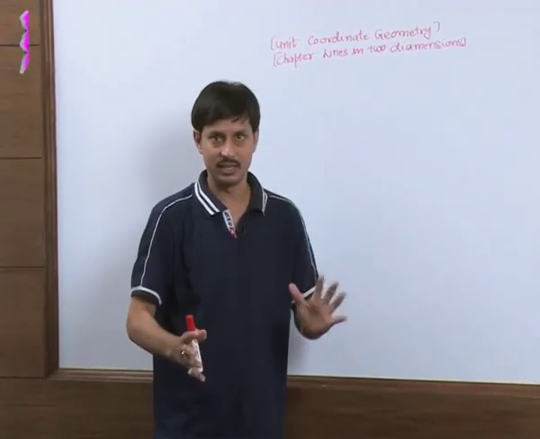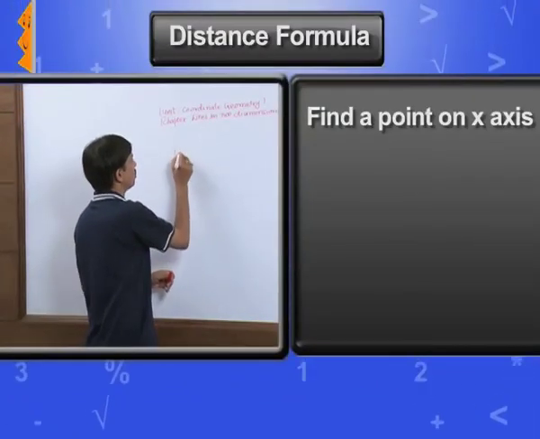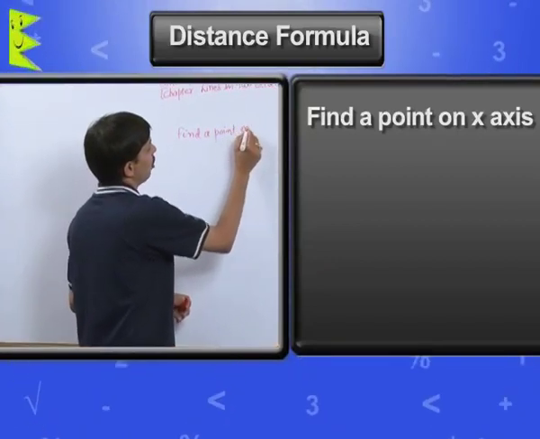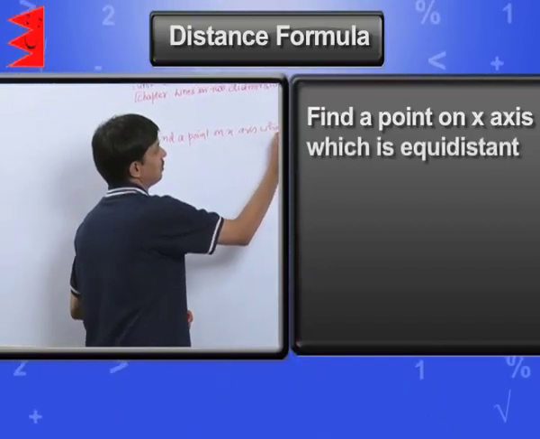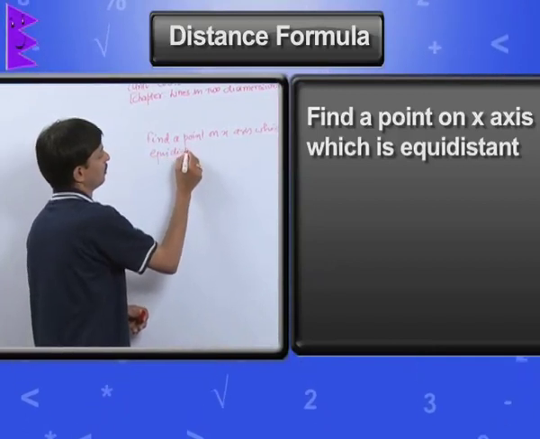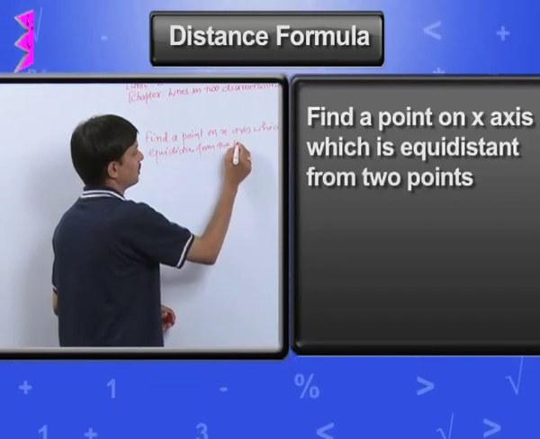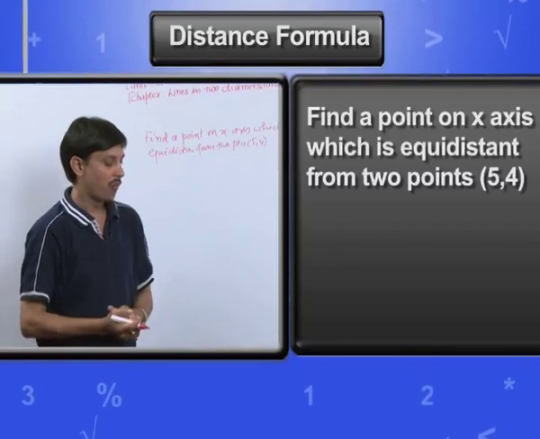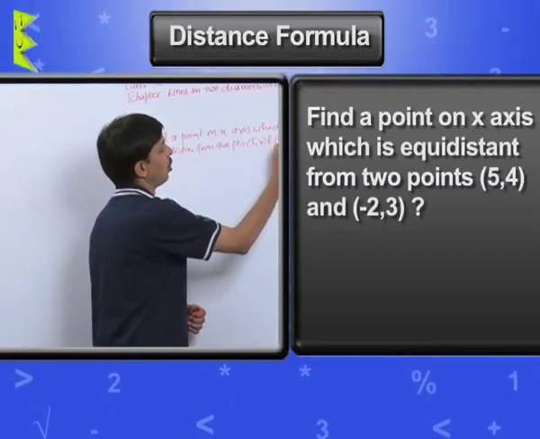The question I am writing: find the coordinates of a point on the x-axis which is equidistant from 2 points. The first point is 5, 4, and another is minus 2, 3.